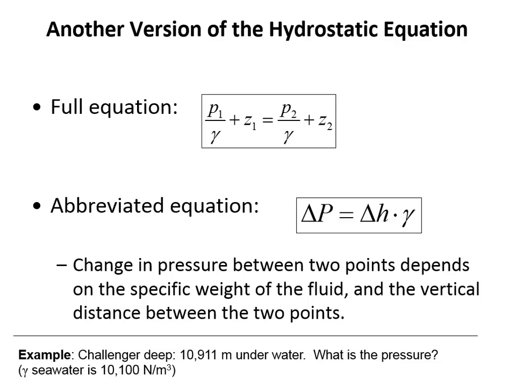So in terms of pascals, what should be the pressure at the bottom of the Mariana Trench, Challenger Deep? So we have delta P is delta H times gamma. And here our delta H is 10,911 meters. And the unit weight of seawater is 10,100 newtons per meter cubed.